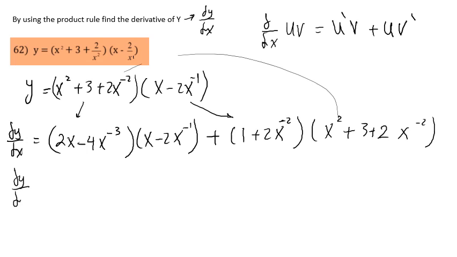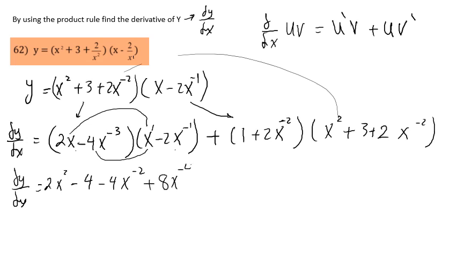So dy by dx is equal to 2x multiplied by x is 2x to the power of 2. 2x multiplied by negative 2x power negative 1 is negative 4, only negative 4. Why? Because x power 1 times x power negative 1 gives me x power 0, which is equal to 1. Negative 4 multiplied by x is negative 4x power negative 2, plus 8x power negative 4.